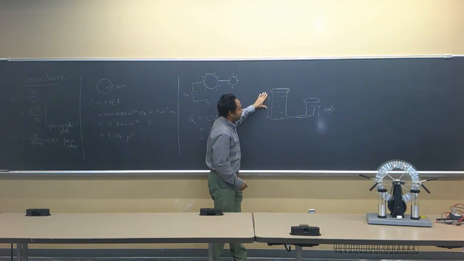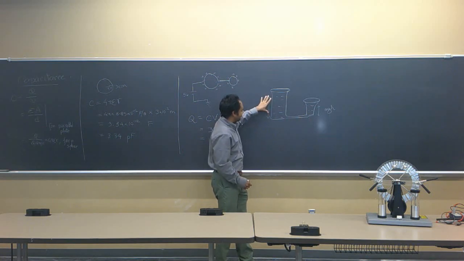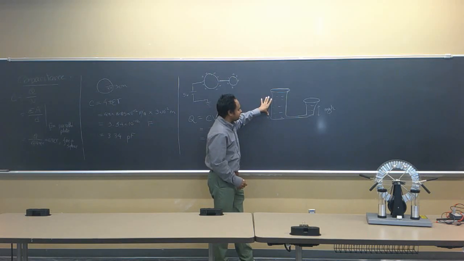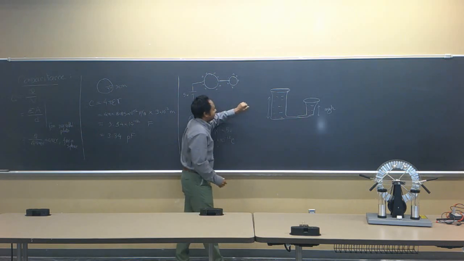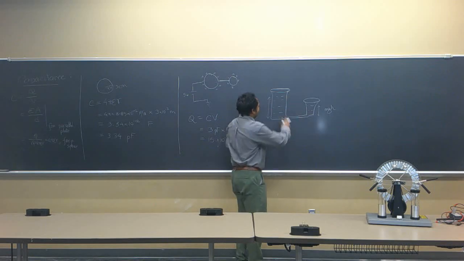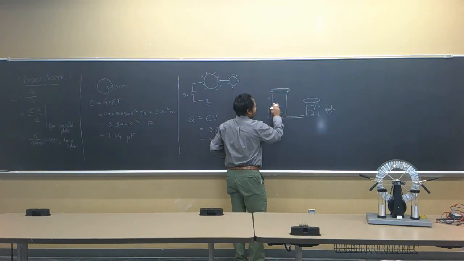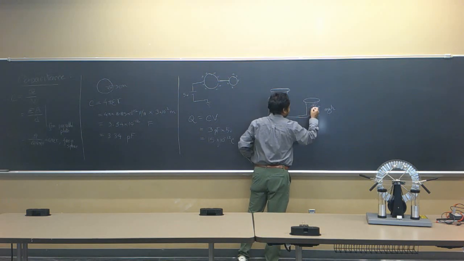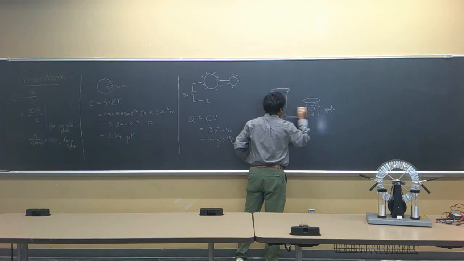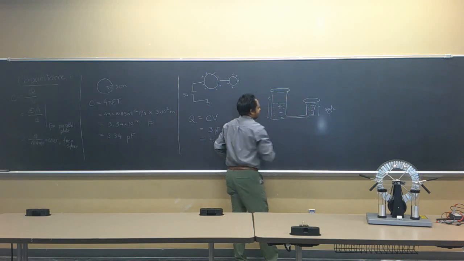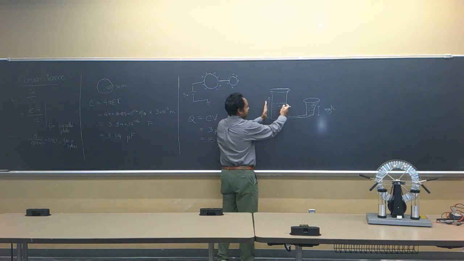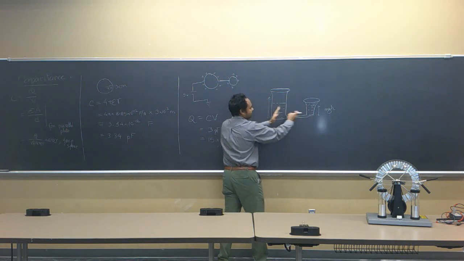Remember, the pressure does not depend on the weight of the liquid. The pressure only depends on the height of the liquid, right? But it's possible that at the height when they reach equilibrium, both of them will have the same height, so the same pressure of liquid, but this guy will still contain a lot of liquid compared to the other guy.